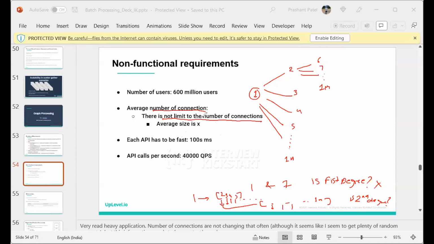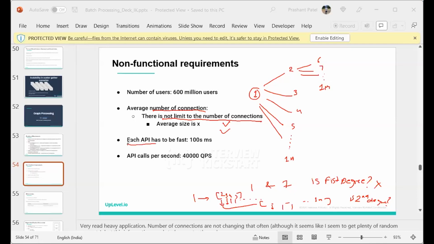The way we will store the data in the database will avoid this issue of storing unlimited number of connections. That's why in every problem related to followers or connections, we can use the solution from this problem, and we can always use the unlimited number of connections use case. Okay.